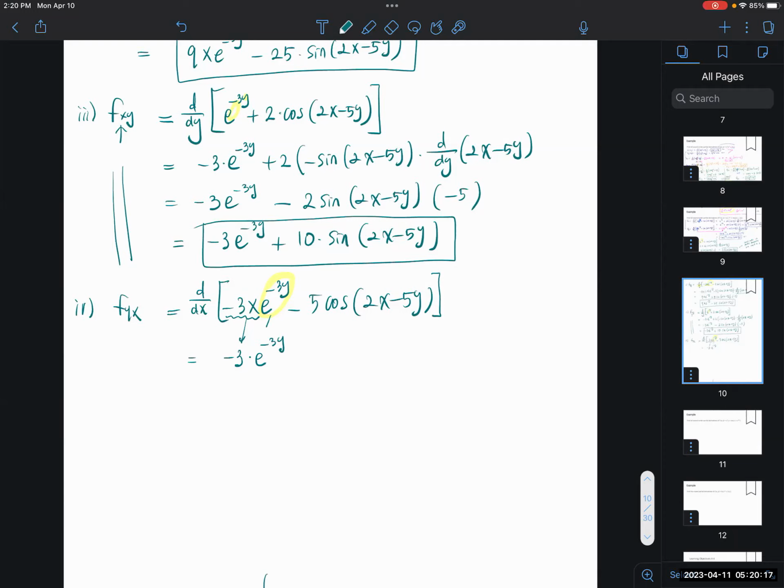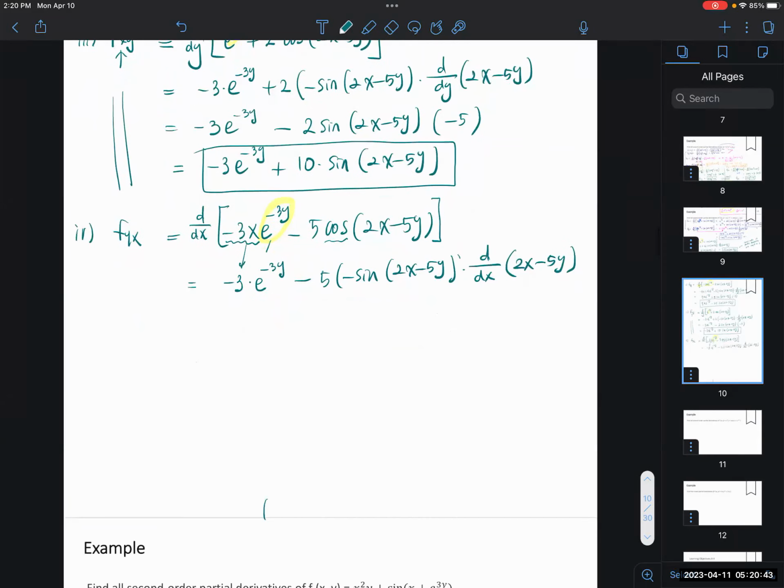If you take the derivative of the cosine, can somebody tell me if it's a positive sign or a negative sign? Negative sign? You mean derivative of cosine? Yeah, negative. There we go. Negative sign, and we keep the 2x minus 5y inside, dx of 2x minus 5y.